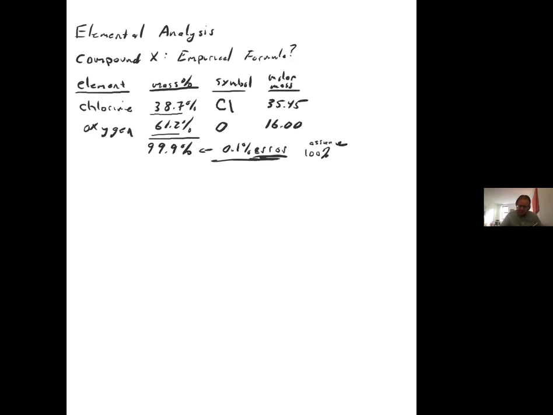Okay, so let's take a look. I'm going to do the first one, which is chlorine. So step 1, you divide by the molar mass to get the moles. So you assume there's 38.7 grams. Divide by the molar mass.